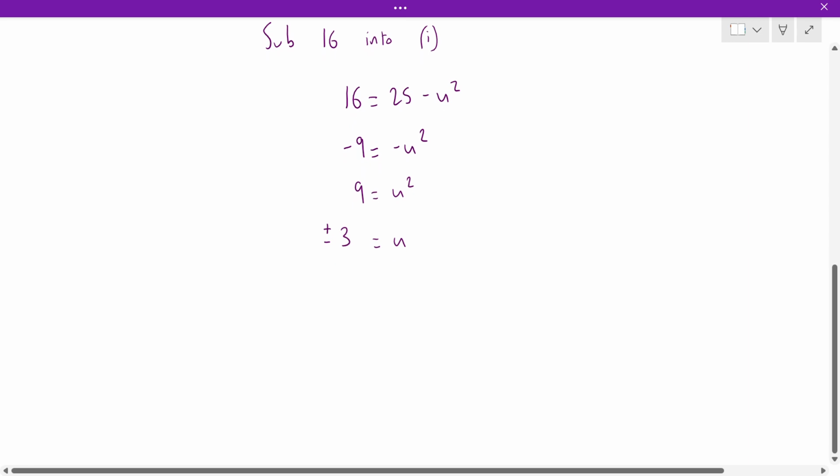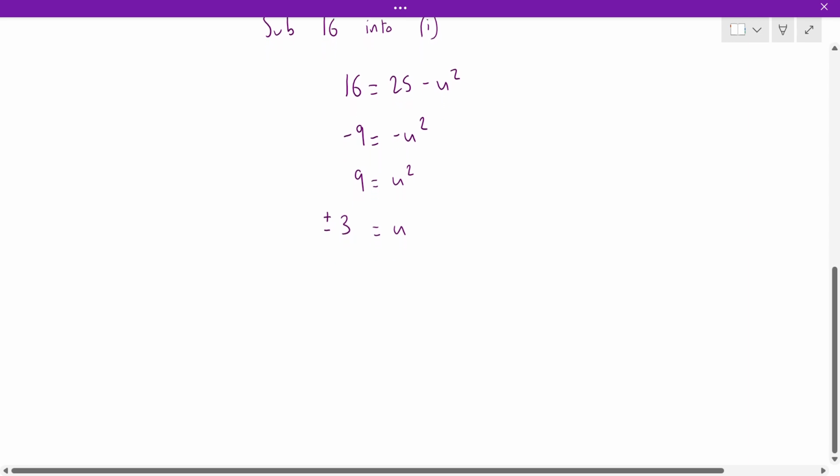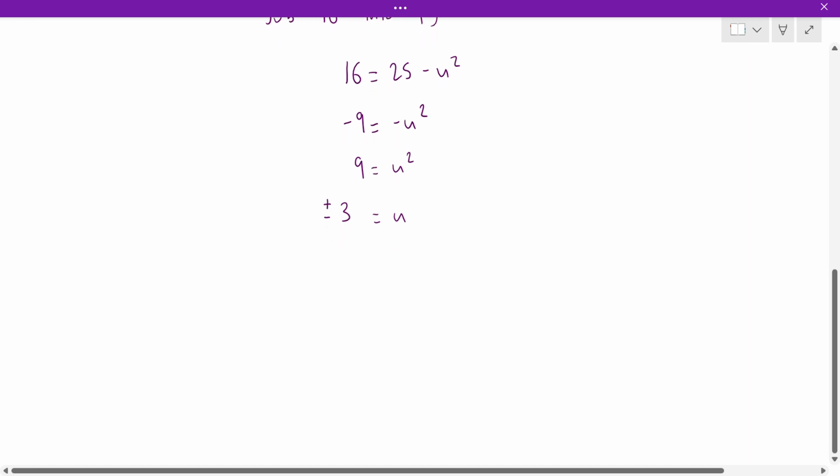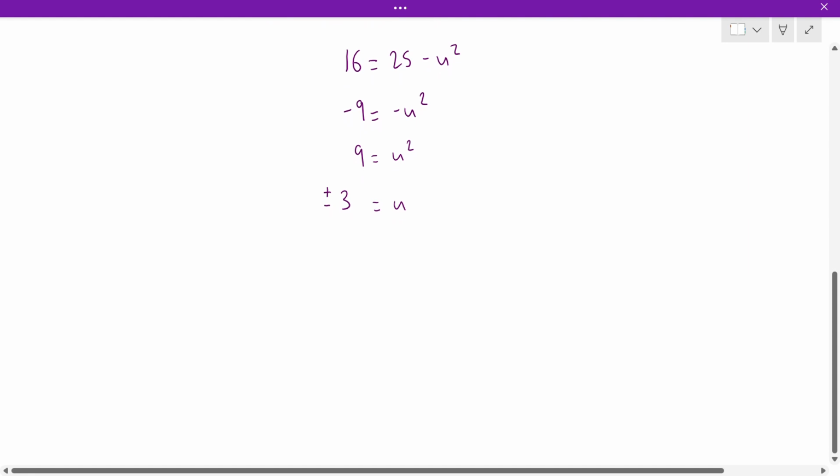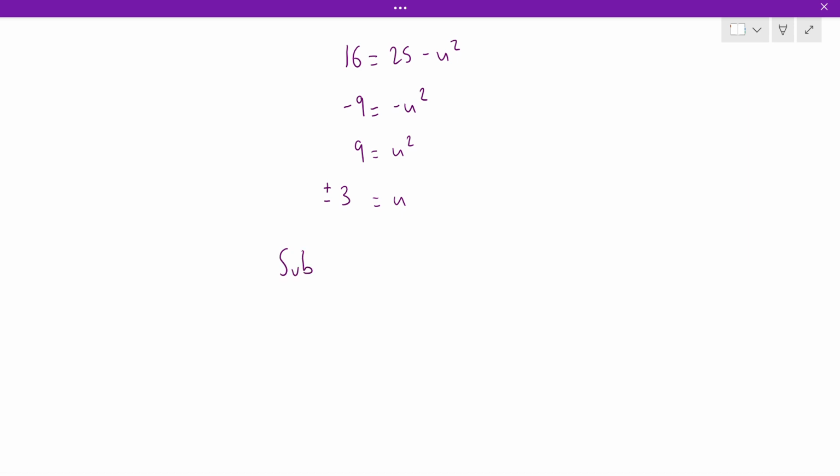Now we can start to substitute some values in. You could use either number here for u, but I'm just going to use u equals 3 to keep it nice and simple. So I'm going to sub u equals 3 into our expressions of u.